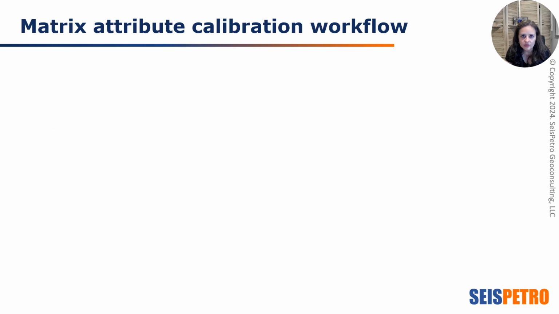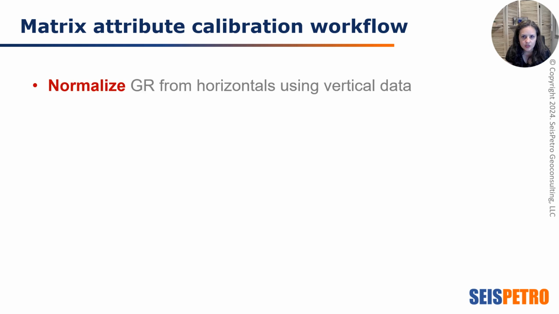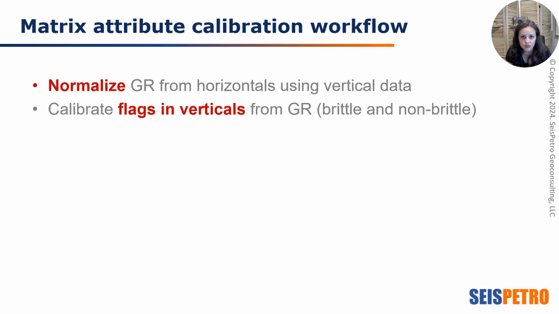The workflow consisted of first normalizing the gamma ray data from horizontal wells using the vertical data. From the vertical wells, we calibrated a flag to separate brittle versus non-brittle rock using only gamma ray.